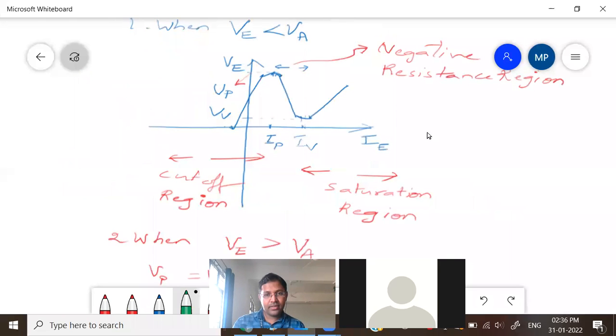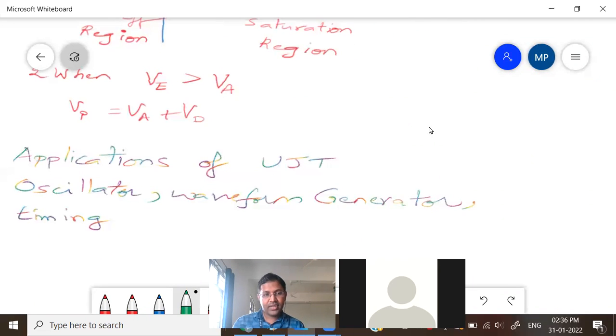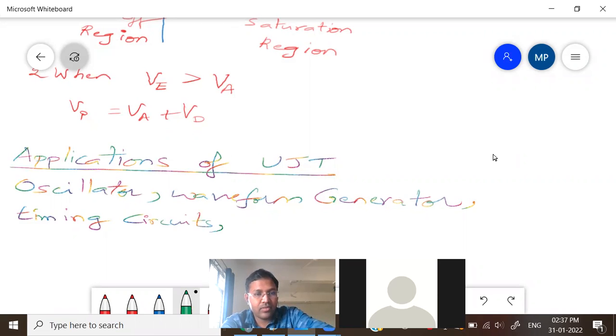Suppose after 5 minutes you want to switch on something, you can make use of this device. You have this timing in washing machines: after 30 minutes the machine automatically turns off because the wash cycle is completed. For such applications you can use UJT.